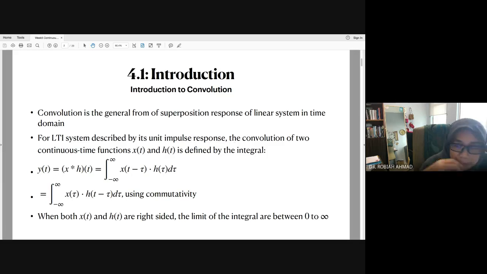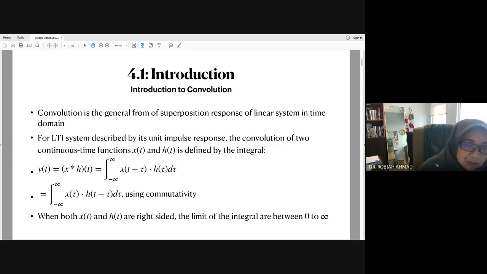Previously, using superposition response, if we have the input and output relationship for different types of input, we can use the impulse response h(t) to predict what the output will be.